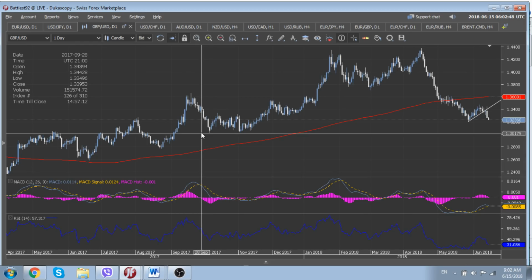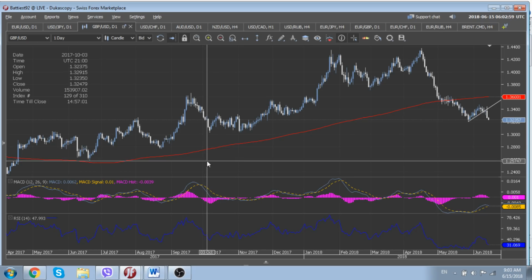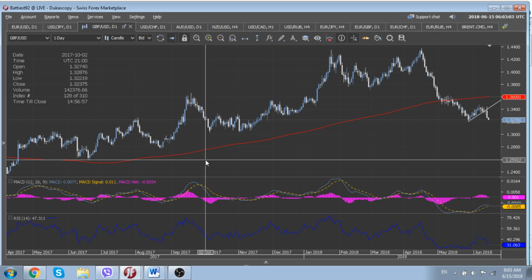A break below the psychologically important level of 1.30 should send the cable even lower, let's say to 1.2770 and even in extreme cases to 1.2590.